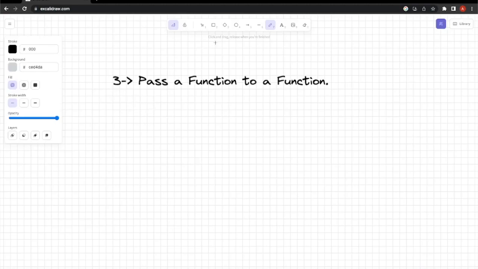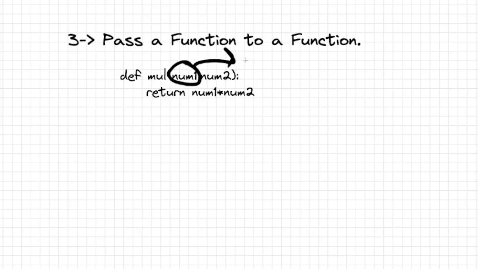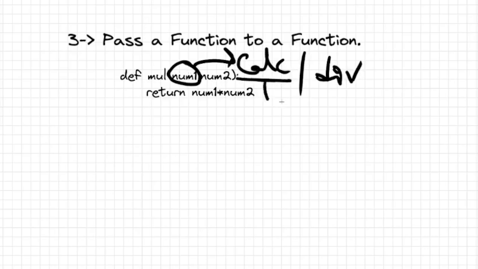As we saw previously, we made a call like define mul of num1, num2, where num1 and num2 are two variables which hold the values given by the user. But in place of passing a variable here, if we are able to pass a function, be it calc or some div, that means instead of a variable we are able to pass a function, then that programming language can be called a functional programming language.